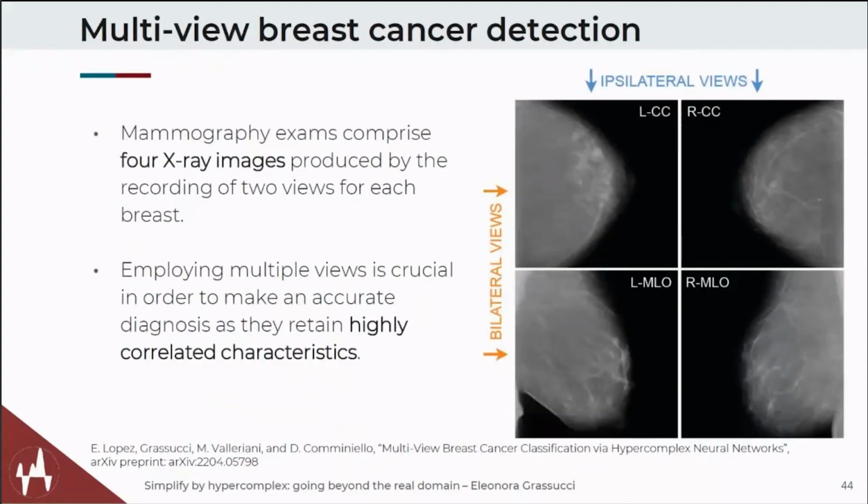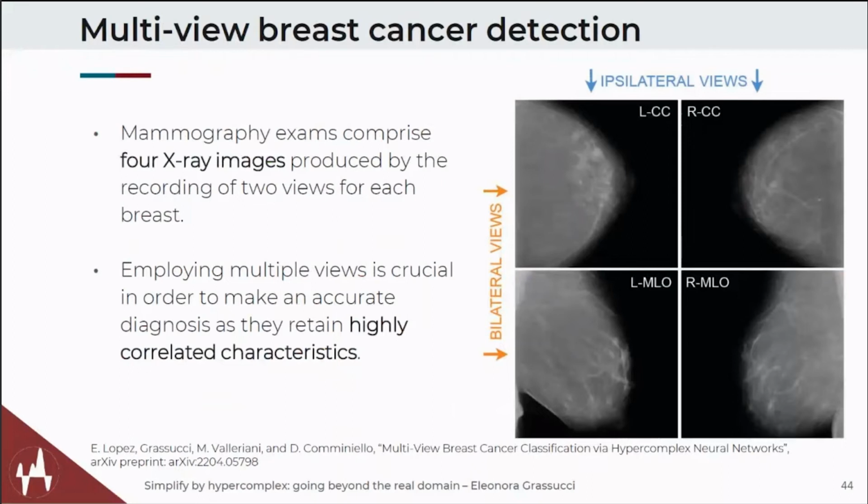Another application on which we test our approach is multi-view breast cancer detection. Why? Because usually mammography exams are composed of four X-ray images that are highly correlated.